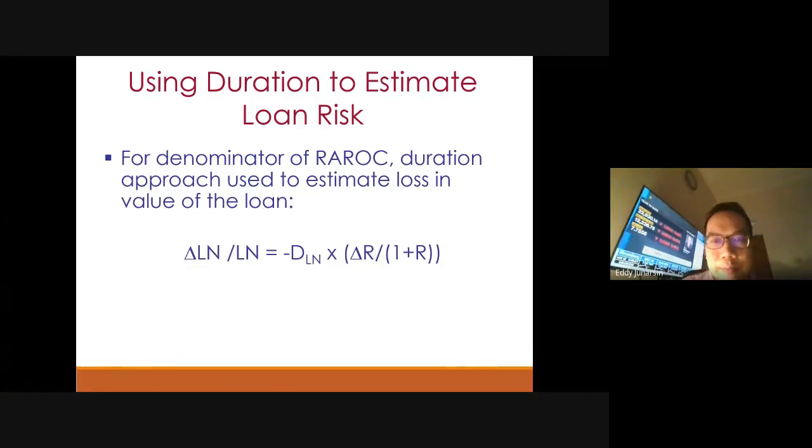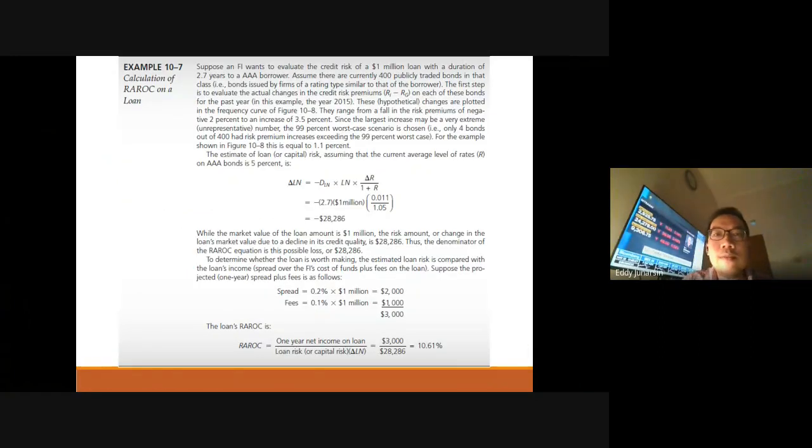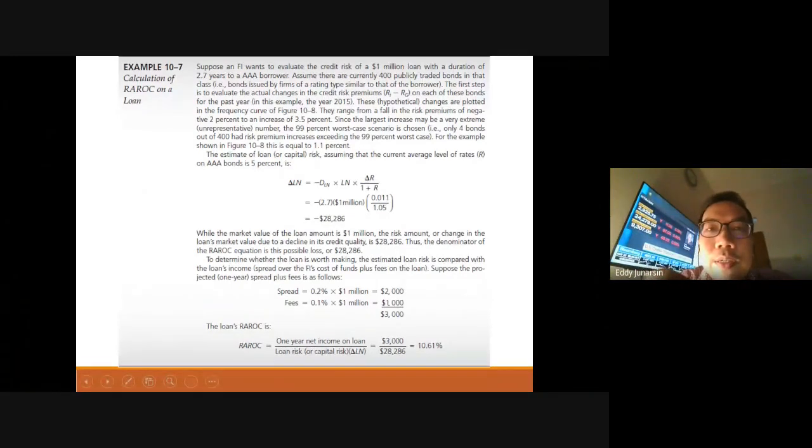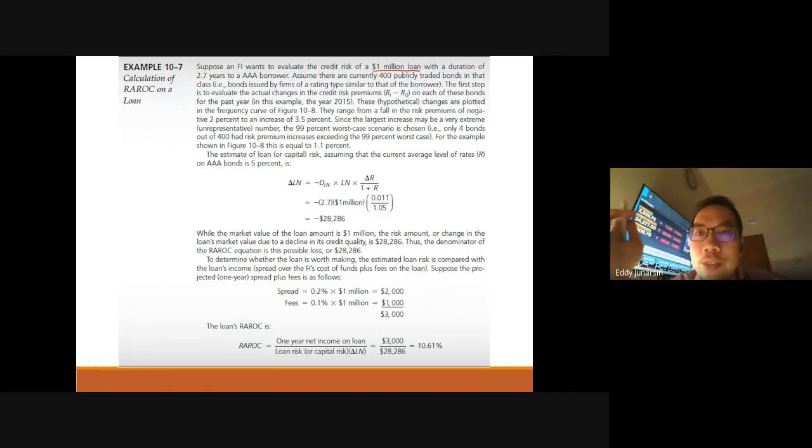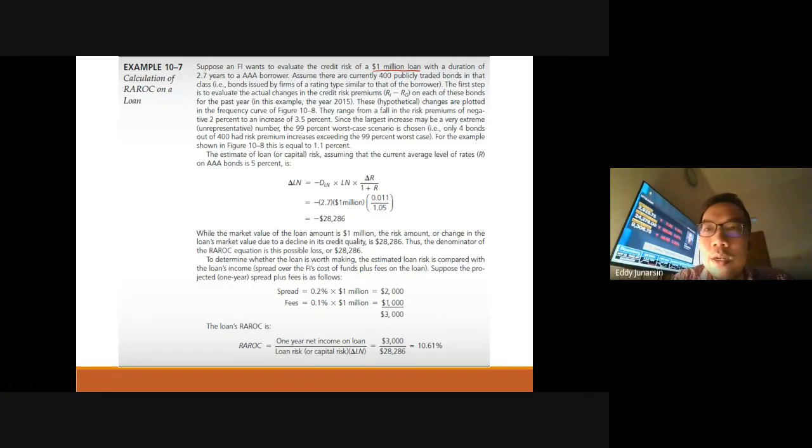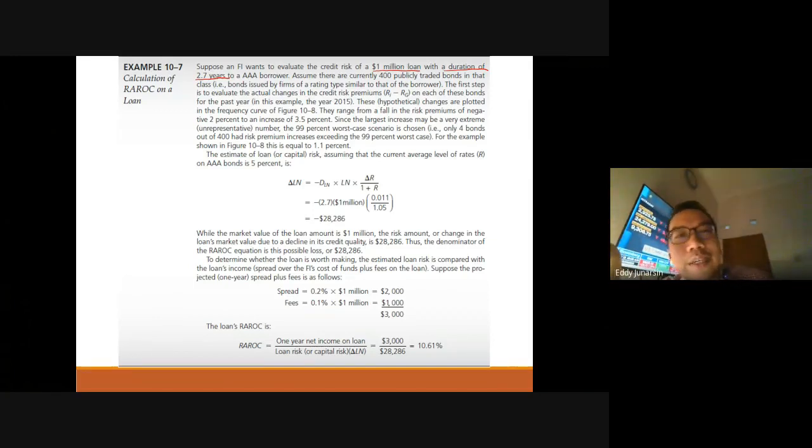All right, let's see an example here. The credit risk of a $1 million loan with a duration of 2.7 years. So the duration has been calculated for us. This is the good news. Triple A borrower. So this is a good one. What else?